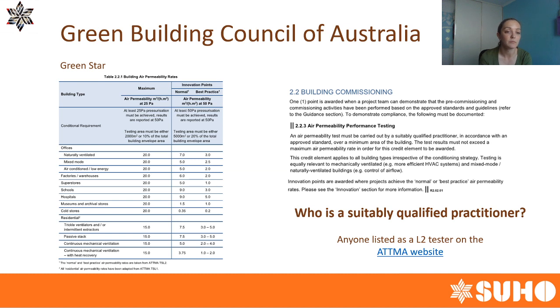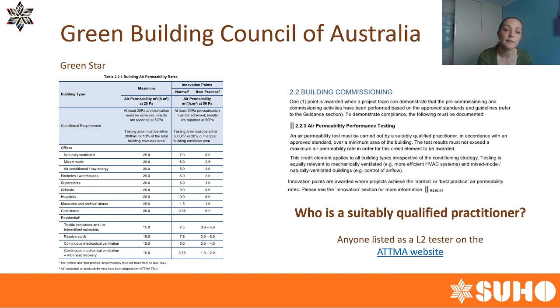The most common building that I have tested has been an office. So in order to get one Green Star point under credit 2.2, you have to achieve a permeability of 20. So I referred before to a permeability of 10 being not particularly hard to achieve in a residential setting. 20 is quite leaky.